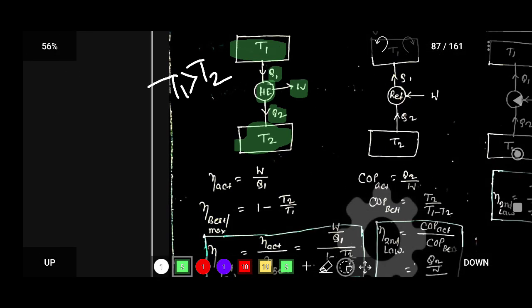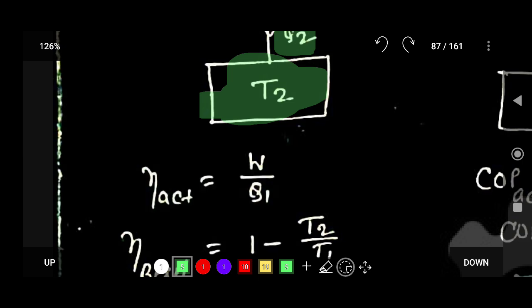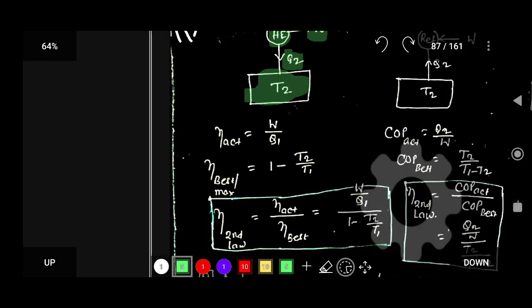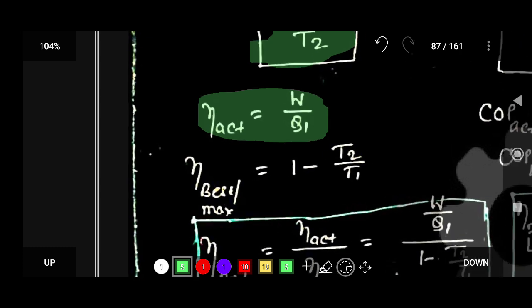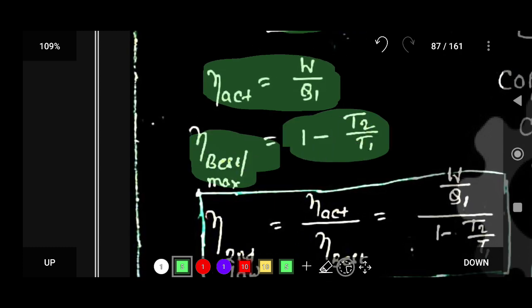Now if you want to calculate the actual efficiency, that is basically output by input. So W is the output and Q1 is the input. So the actual efficiency is equal to W by Q1. And the best or maximum efficiency is equal to 1 minus T2 by T1.